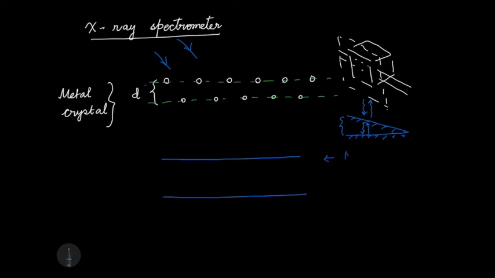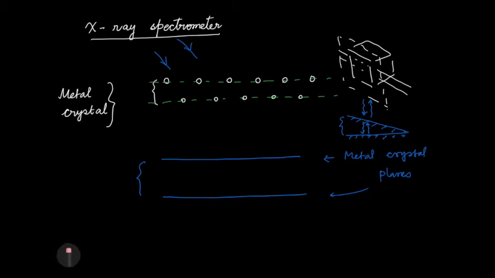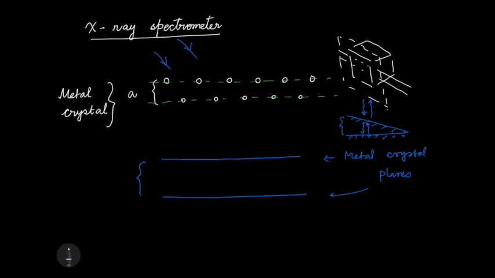So we have these metal crystal planes, and they are at a distance, let's call this distance a instead of d. There's no specific reason for that, it's just that usually you'll see it called a, so I just call it a.